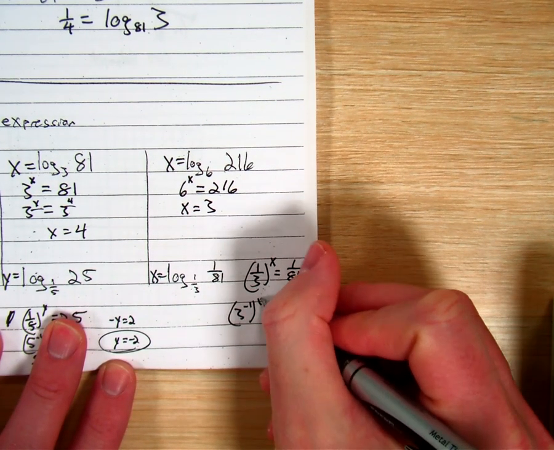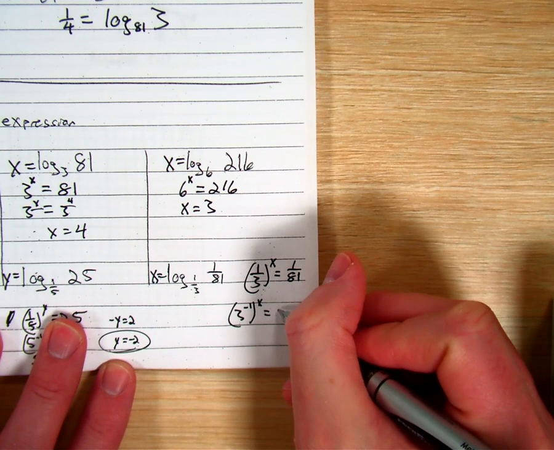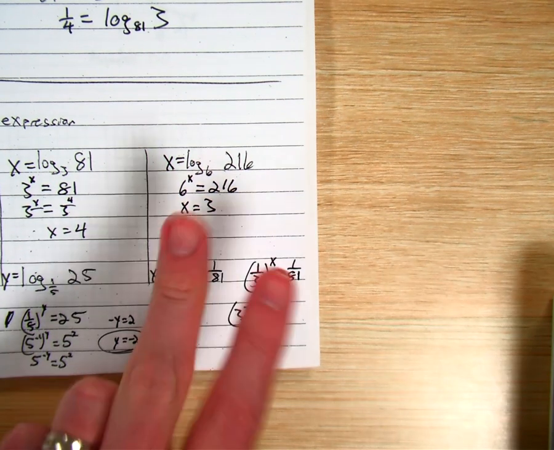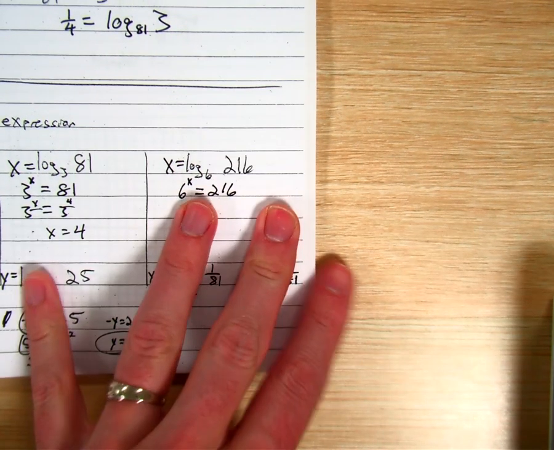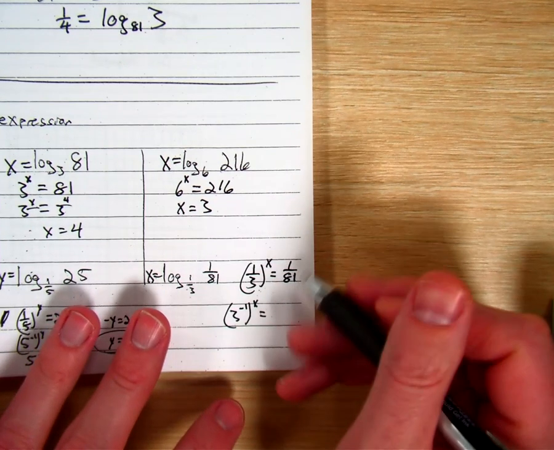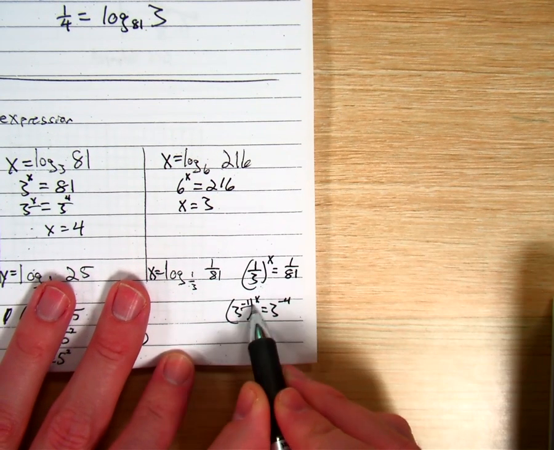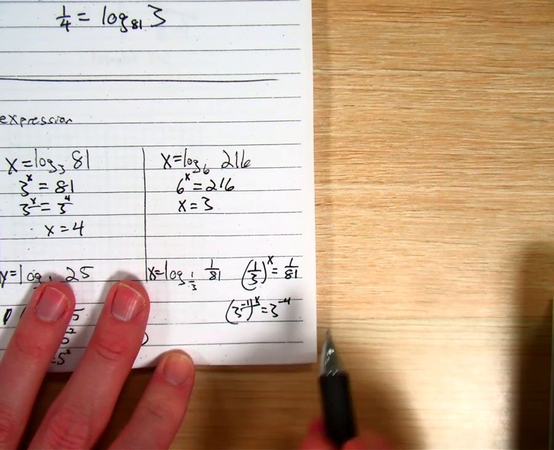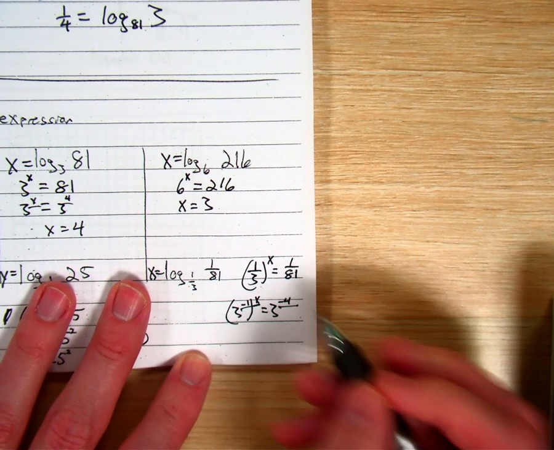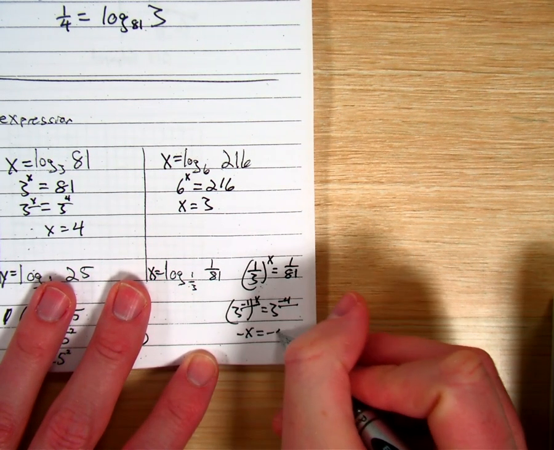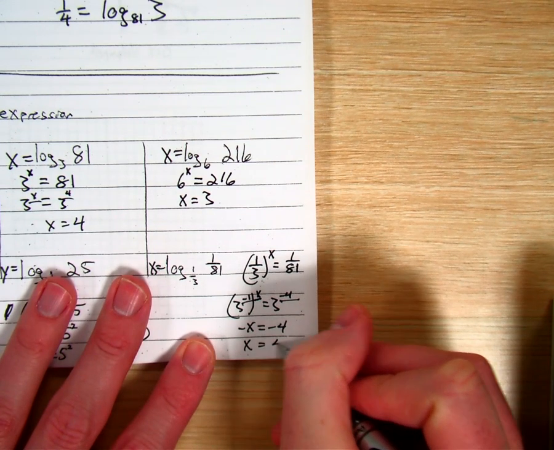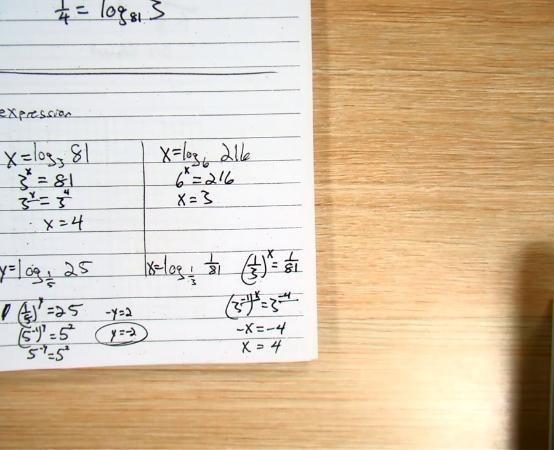So 3 to the negative 1, x equals, let's see, 3, 9, 27, 81. So it's going to be 3 to the 4th, but it was upside down. So 3 to the negative 4th. And we're going to have negative 1 times x. So negative x equals negative 4. Positive x equals positive 4.